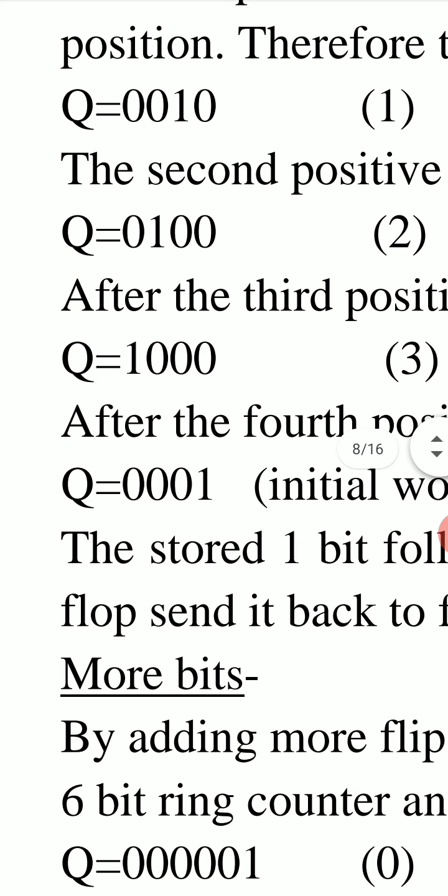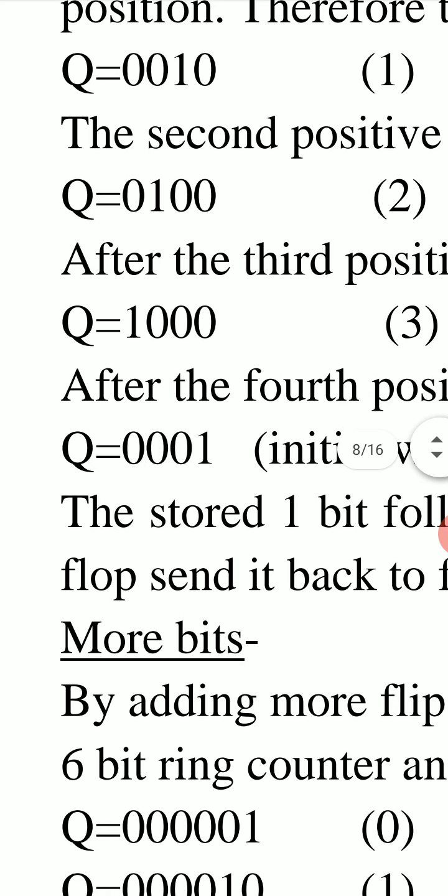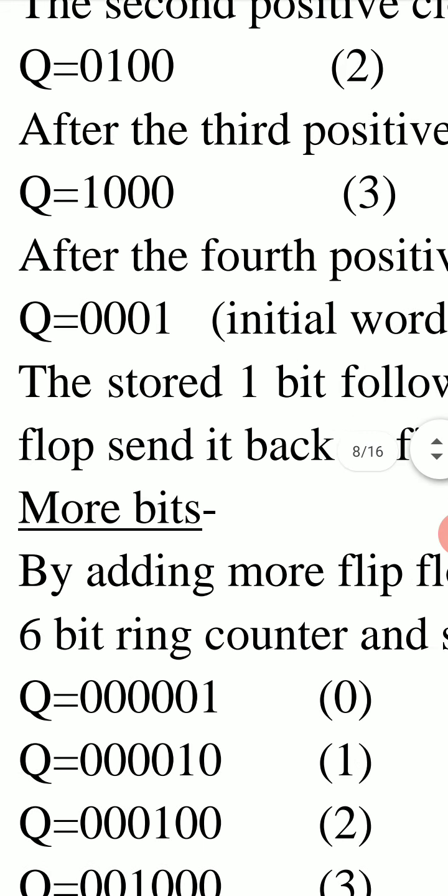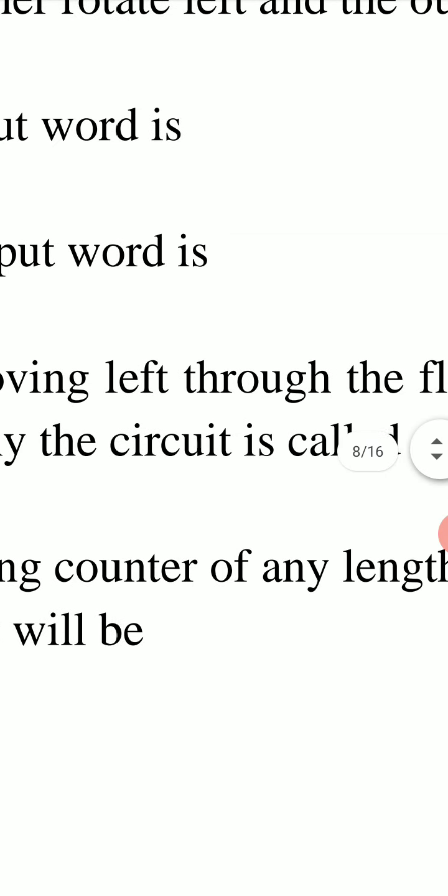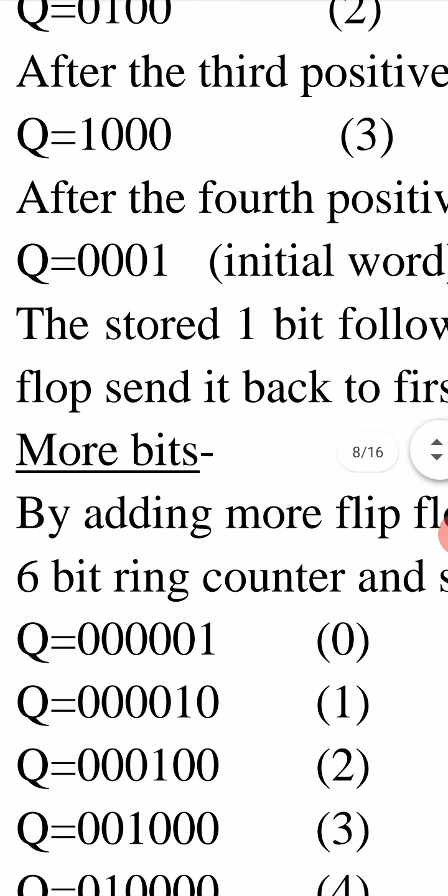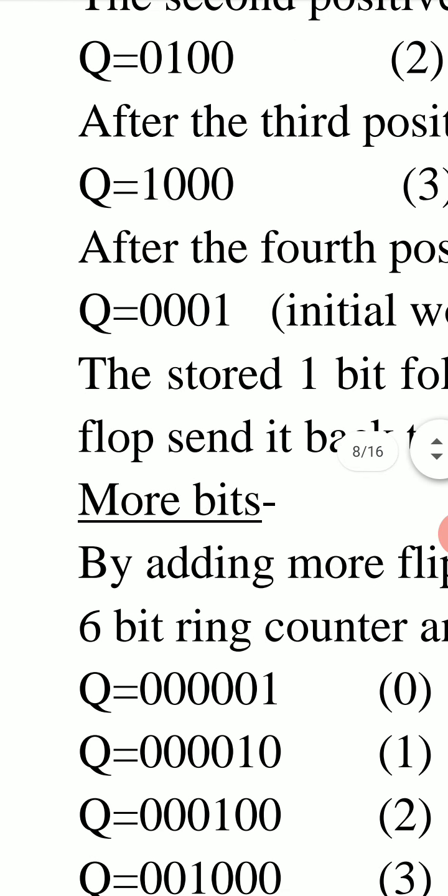One is shifting towards the left, one position for each positive clock edge. After the fourth positive clock edge, the output word is 0001. After 1000, we get 0001.